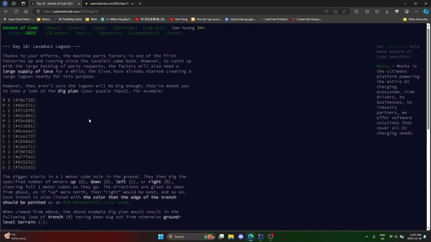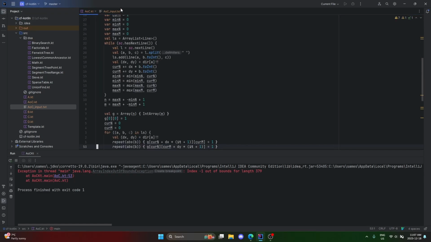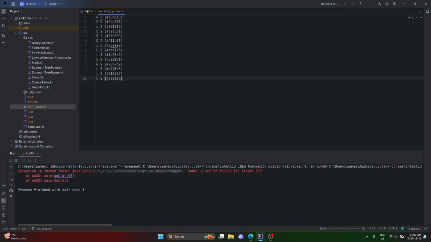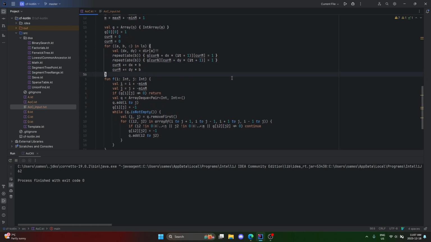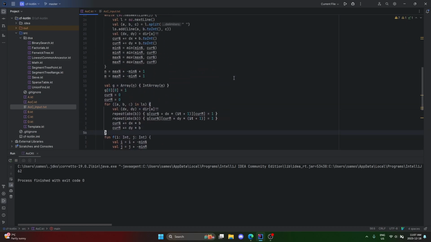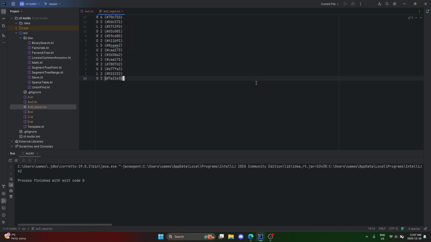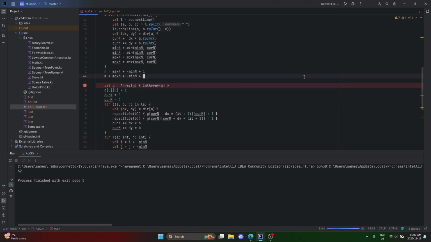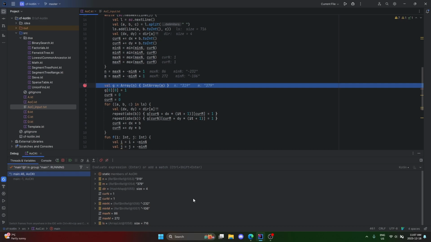Does it run for the example input though? I guess I'll try running a debugger on the real input, see what the variables are. Hmm.